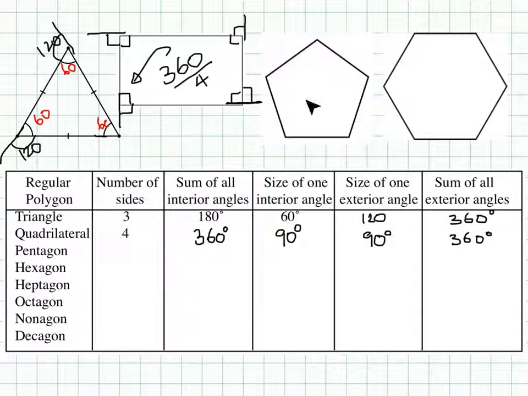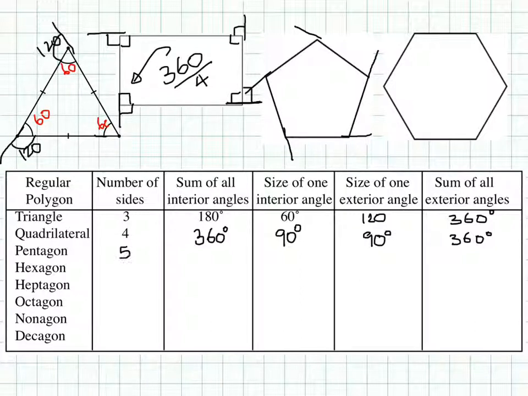Here is my pentagon, and on my pentagon I'm going to make some exterior angles again. That's 1, 2, 3, 4, and 5. As you can see, they're all going in the same direction again. And my pentagon, I'll start filling my table out.